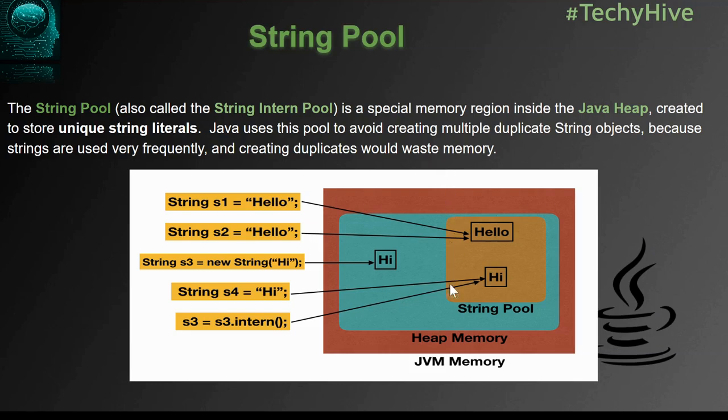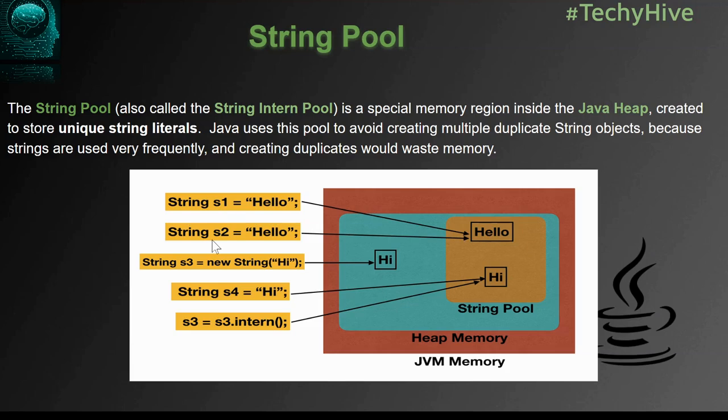If you see here, we have heap memory and a part of the heap memory is the string pool. When we create a literal like String s1 = "hello", this hello is the literal. In that case, the JVM will store the string literal hello in the string pool, create a string object over here, and assign the reference to s1.